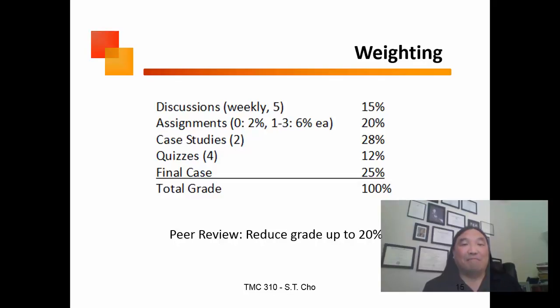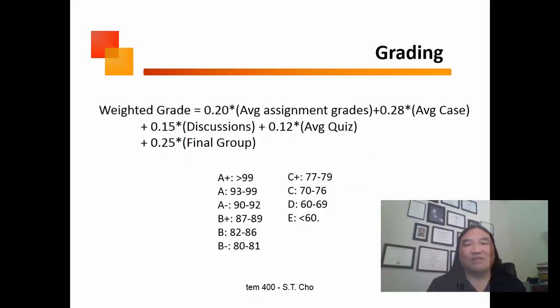If you get bad peer reviews, meaning your scores are like 0 to 2 across the board from everybody in your group, I reserve the right to reduce your grade by 20%, knock off 20 points. By the same token, I also reserve the right to add 10 points. If you were the one who carried the entire weight of your team, then just because your team average was 85, maybe you did A work, and so you should get bumped up to 95. I reserve the right to do that.